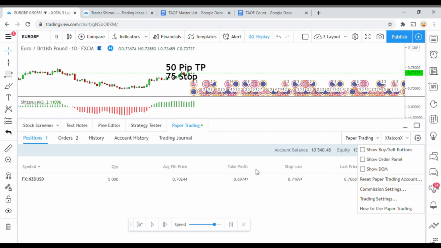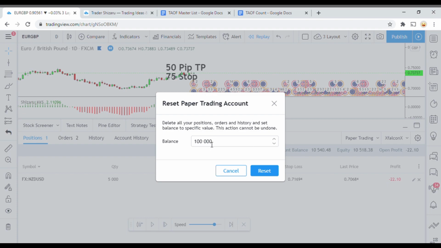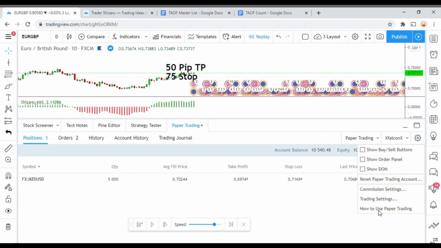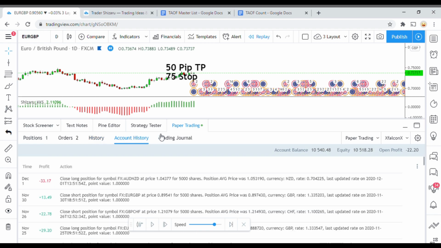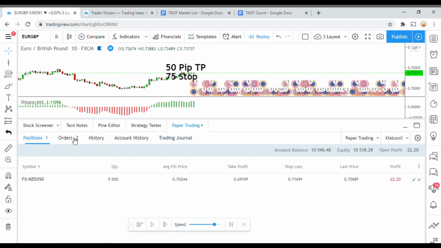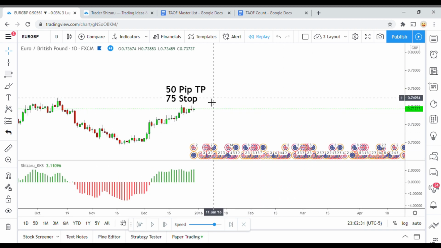At that point, you can change the balance and make it whatever you want. If you know that you're only going to have X amount of money to start with, then you can start with that. You can change multiple settings within there. Again, you have your history of trades, your trading journal, positions. It just gives you a ton of different things.